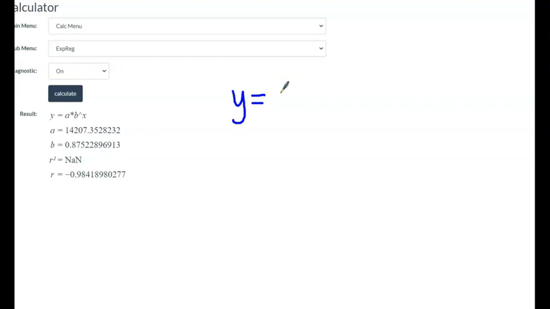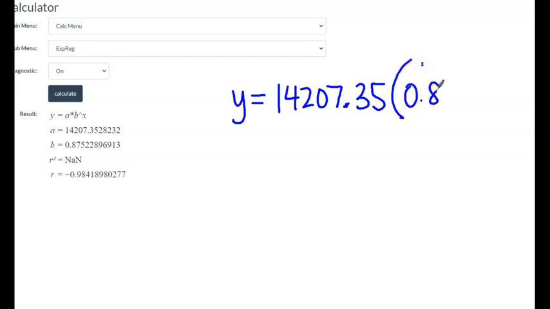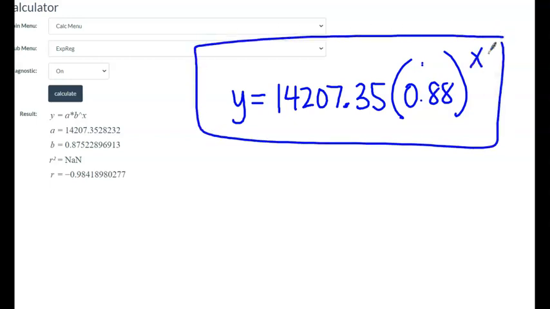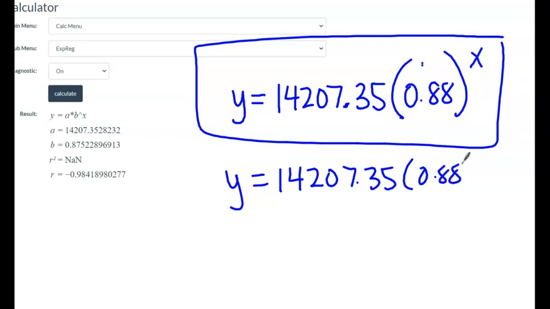So our equation is going to be 14207.35. Our B value is going to be 0.88. So this is our exponential equation. And then we're going to need our calculators, and we're going to compute this with the number 8 right up there in the exponent position.